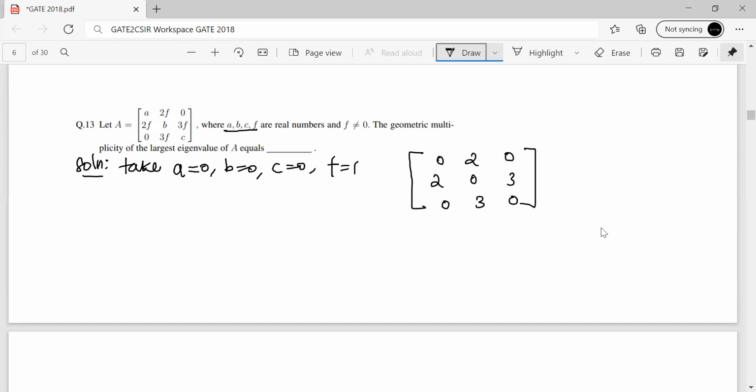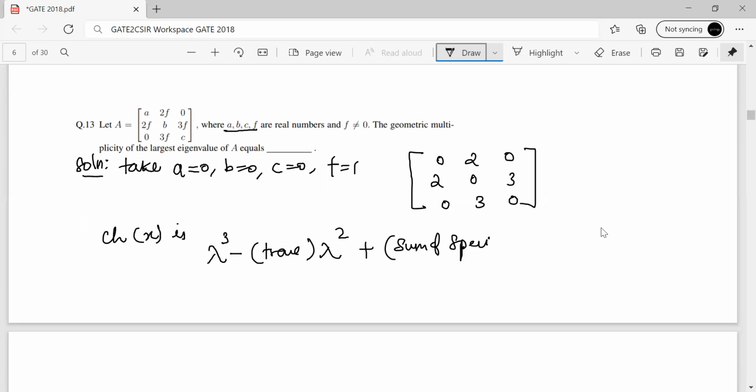So here you can get the characteristic polynomial. Okay. CH of x is, remember, lambda cube minus trace of this matrix times lambda square plus, minus, plus, and then the sum of principal minors times lambda, plus minus plus, and then minus the determinant of this matrix, equal to 0.